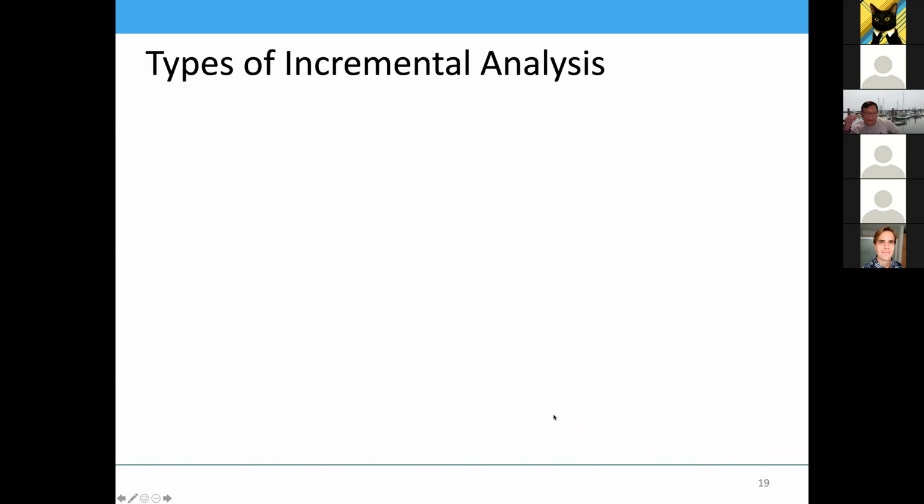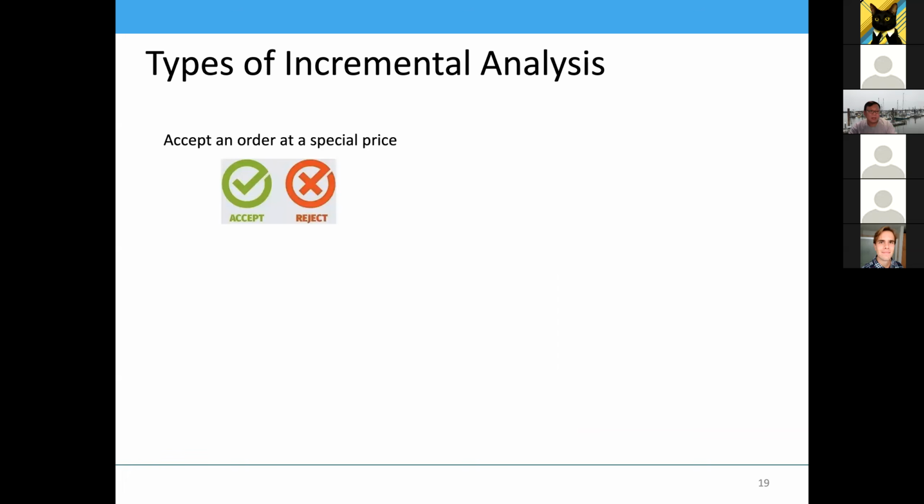Okay, so what are the types of incremental analysis in the business environment? First one, accept an order at a special price.